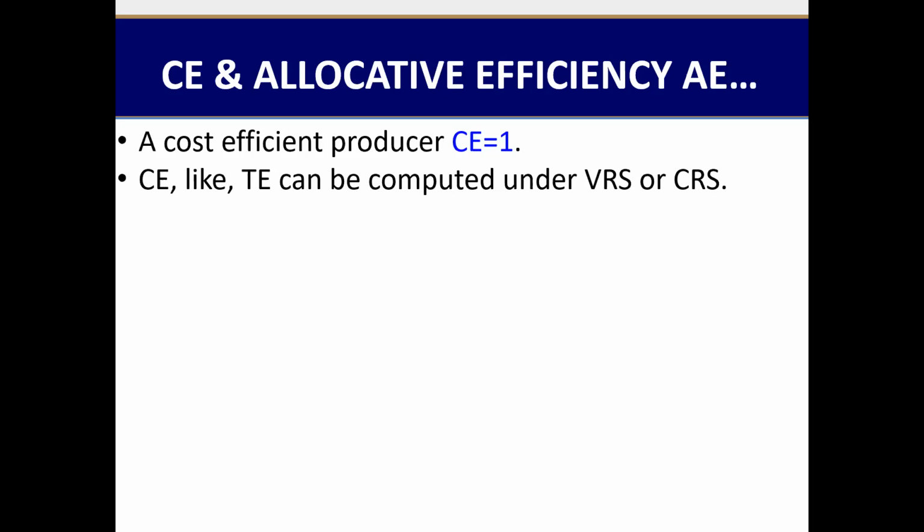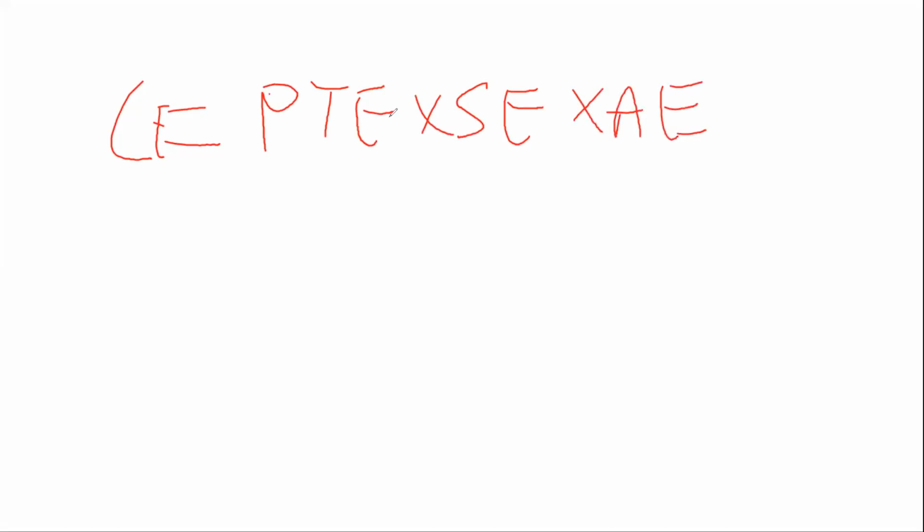Whether it is cost efficiency, which means that you are now dealing with pure technical efficiency, which is a VRS one, and then you have the scale efficiency, and then you have the allocative efficiency. That is the cost efficiency.